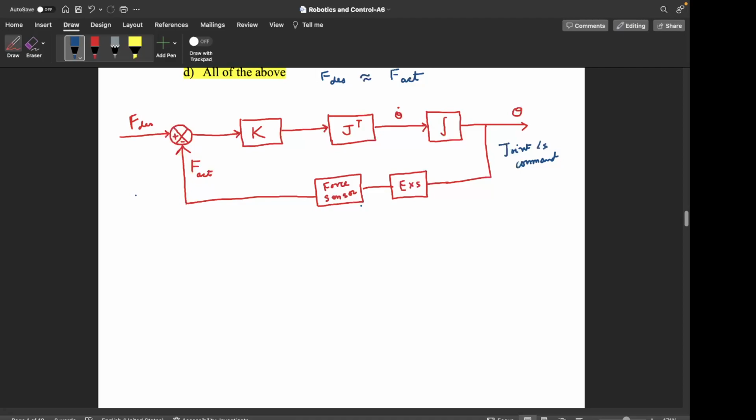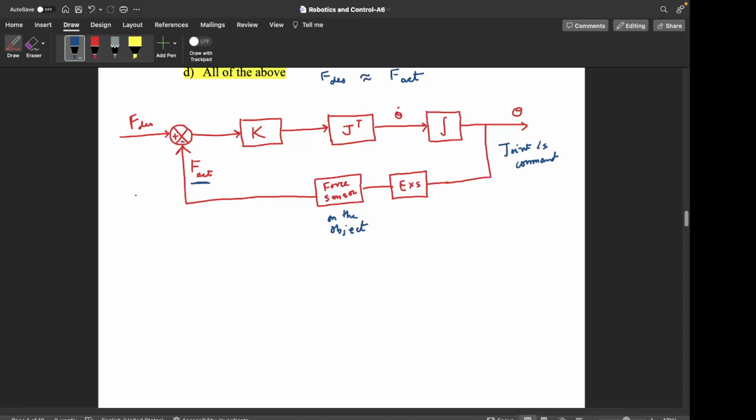It would increase or decrease, whatever, right? That change is measured by the force sensor, and the force sensor is on the object that we are holding, right? And that measured value is the F actual, right?